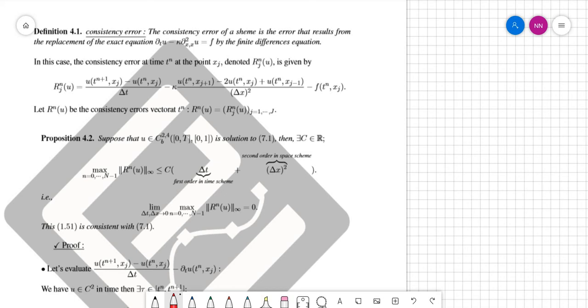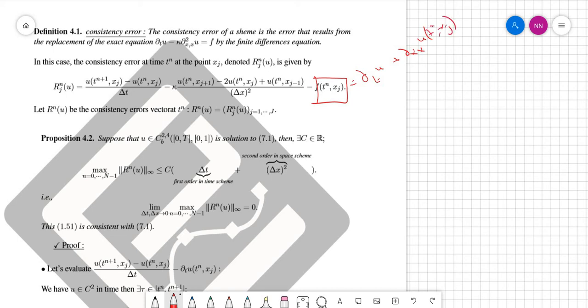That's why we define it as the difference between this term, which is f of Tn xj, which is equal to the derivative in time of u, of course at Tn xj, plus the second derivative in x of u at Tn xj.